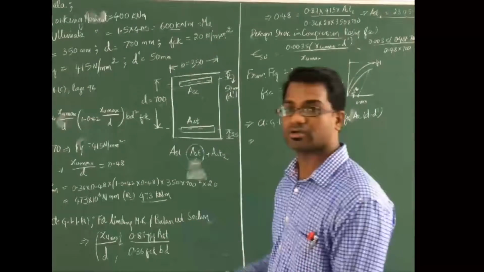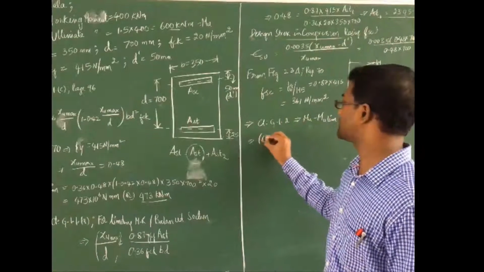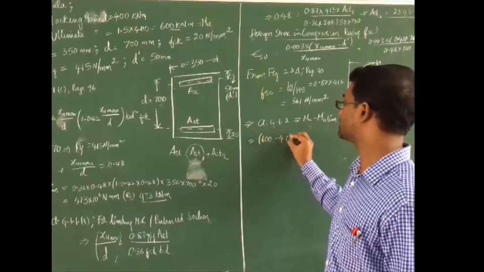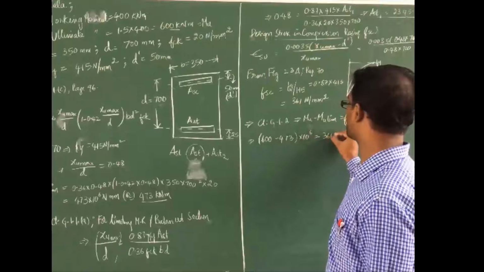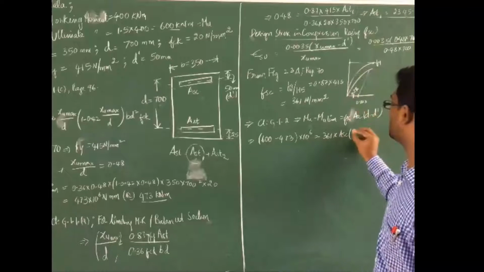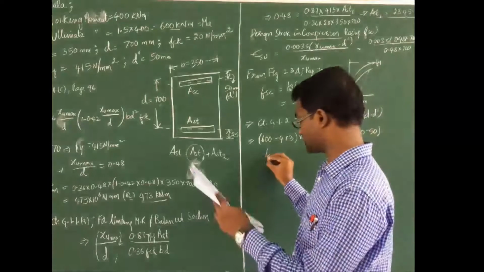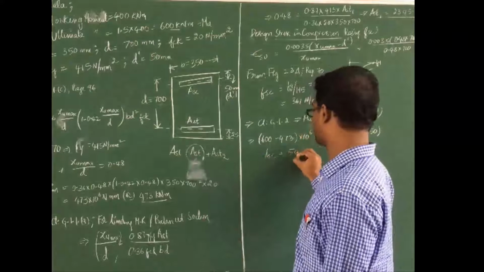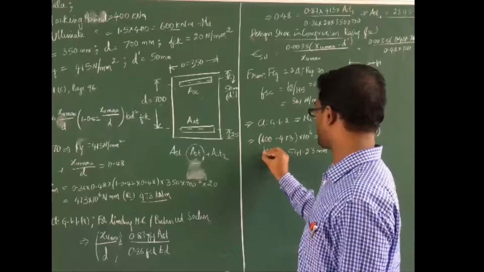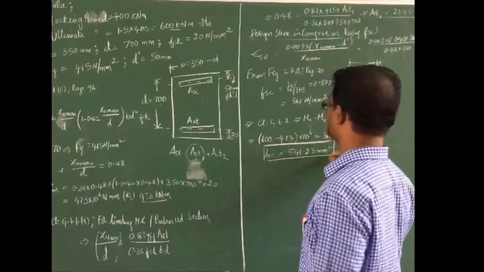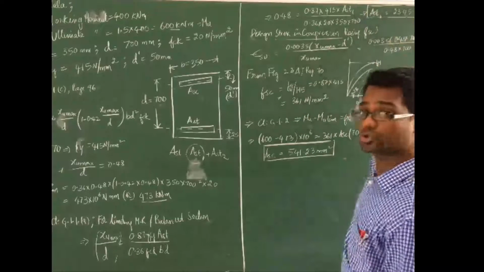Both are in kilonewton meter. If you convert to Newton mm, you need to multiply by 10 power 6. So 600 minus 473, common 10 power 6, equals FSC is 361, ASC you need to find out, D is 700, D dash is 50. You will get the ASC value as 541.23 mm square.